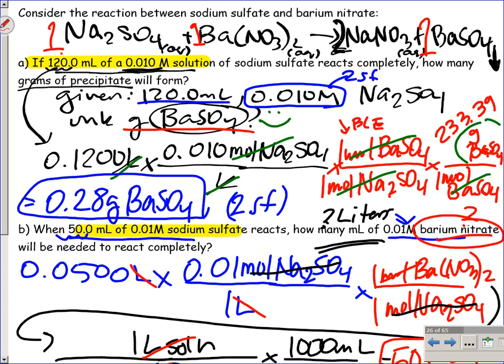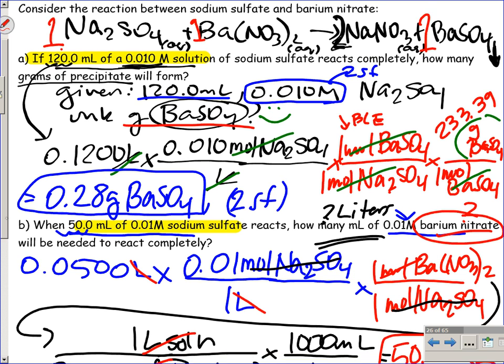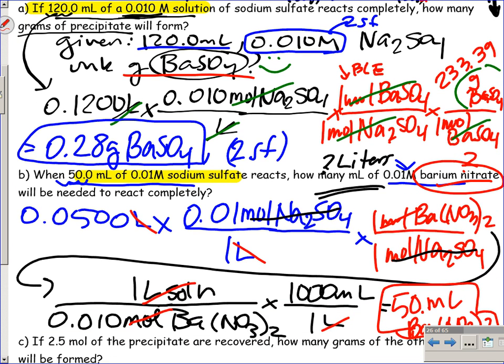So if they react in a 1-to-1 ratio and the concentration of sodium sulfate was 0.01 and the concentration of barium nitrate was 0.01, they needed equal amounts of both of them to fully react, to stoichiometrically react. So they react in the correct ratios or the correct amounts.